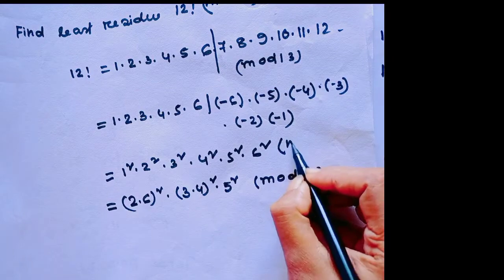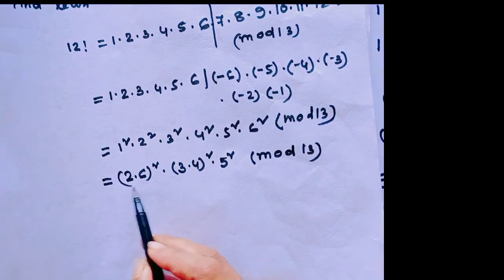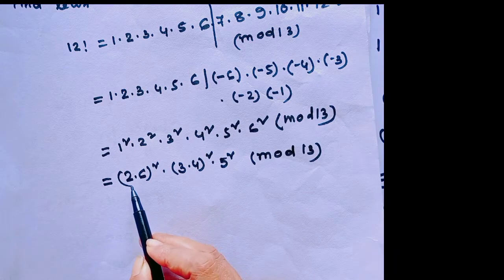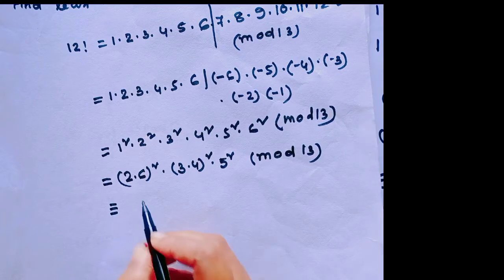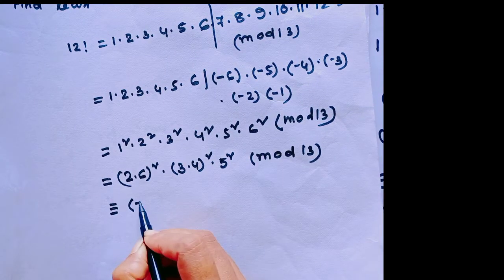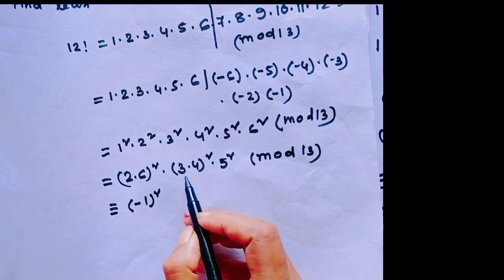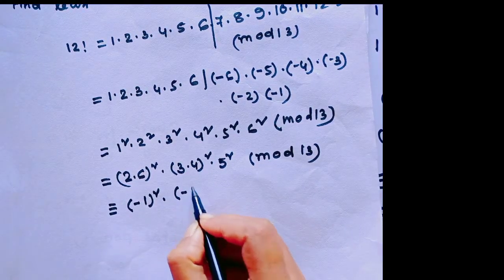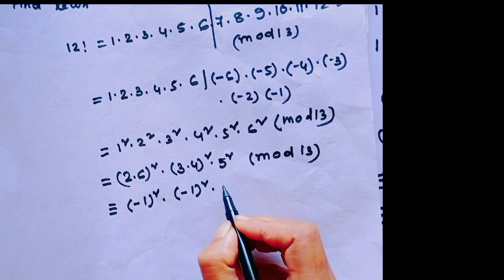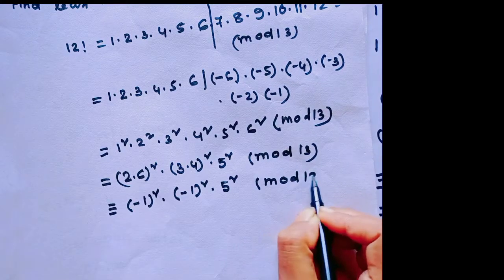Here 2 times 6 equals 12, and in modulo 13 this is congruent to minus 1, whole squared. 3 times 4 is 12, and this is also minus 1 whole squared, times 5 squared mod 13.